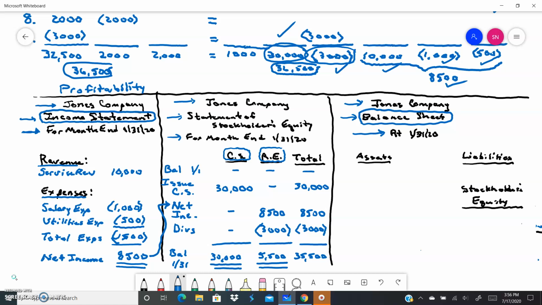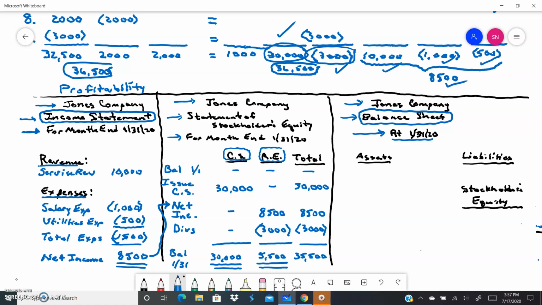Not the total change throughout the month. How much is there today? If you looked at your bank account, you want to know how much is in there right now. You don't care how much has been in and out throughout the month. So that's why the balance sheet is at a point in time, and it's right at the end of the month. It's on January 31st. So that's the difference between the other statements.